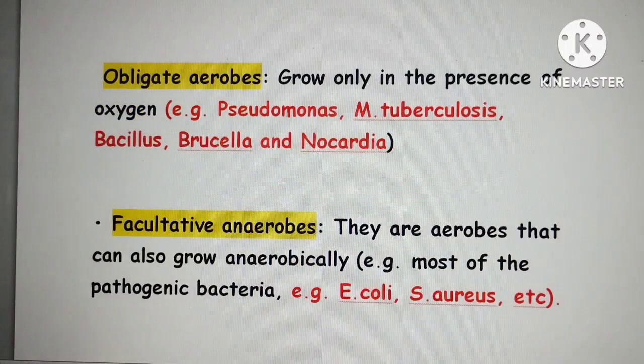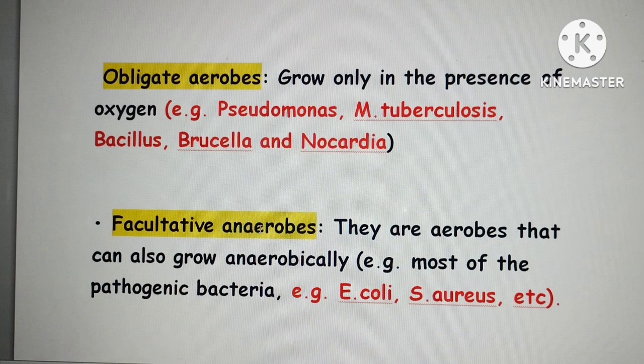Coming to facultative anaerobe, it is a little confusing. How you can remember is, always remember the term given here. If they have given anaerobe, it means they can also grow anaerobically, but they are aerobes.